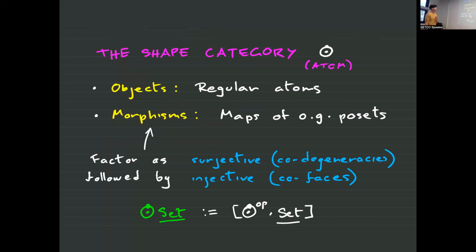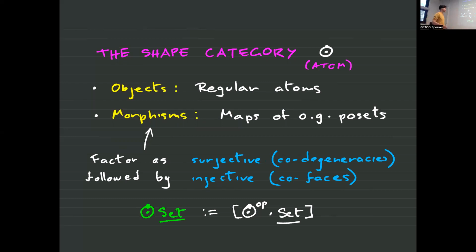So now we are able to define this category of shapes of directed cells. As objects, as building blocks, we're going to take the regular atoms, which are the molecules which have a greatest element, or the molecules that are obtained by the atom rule.